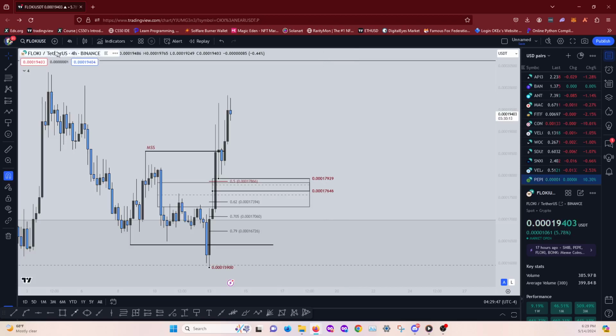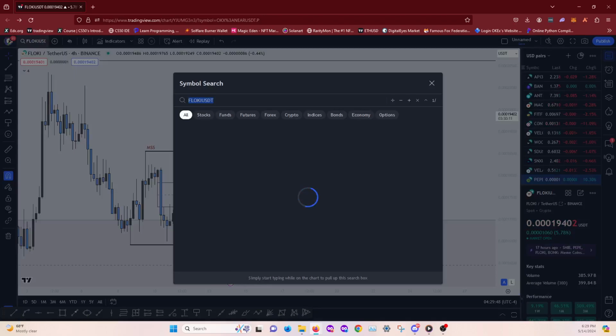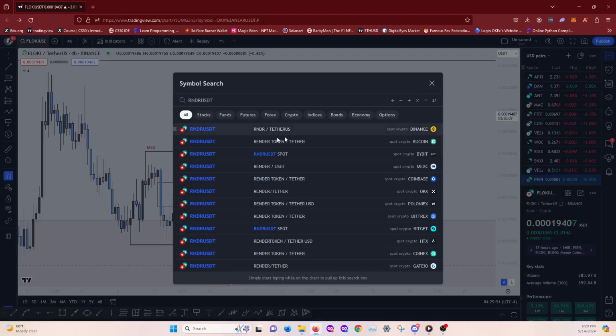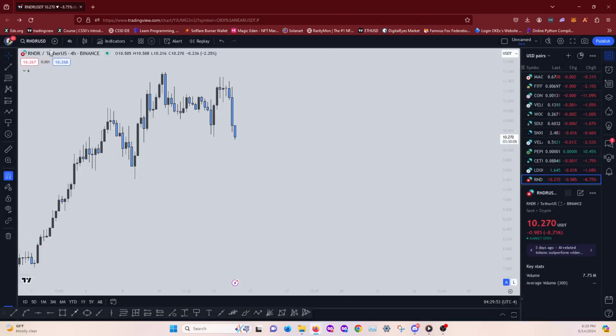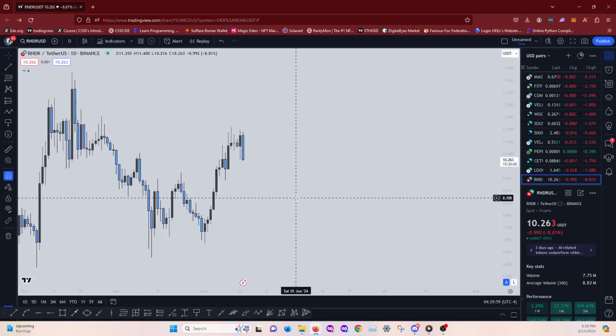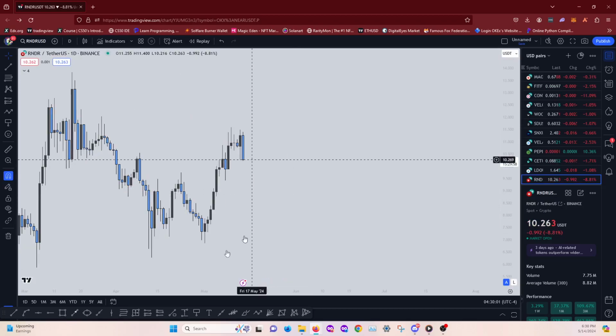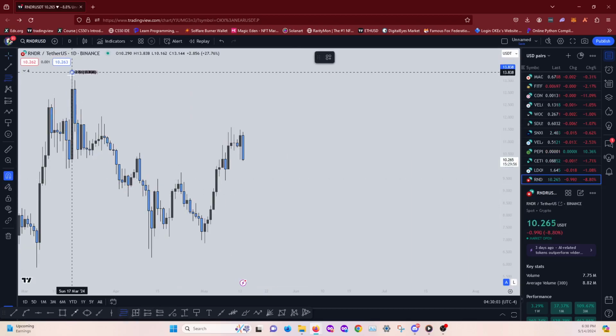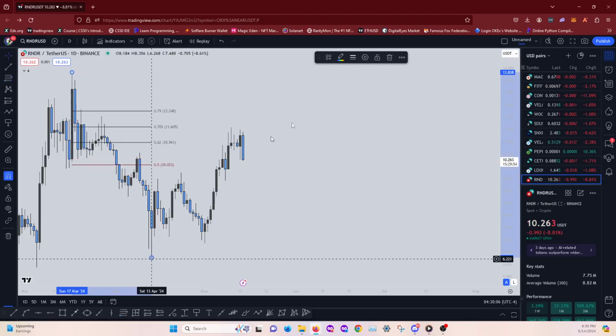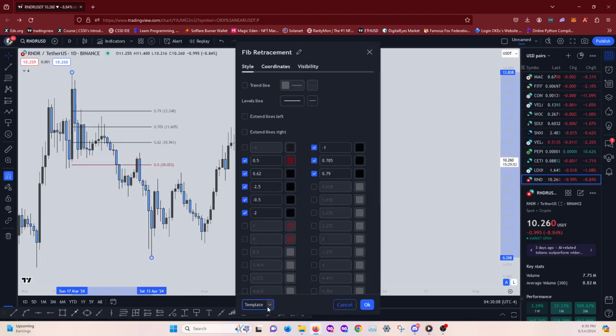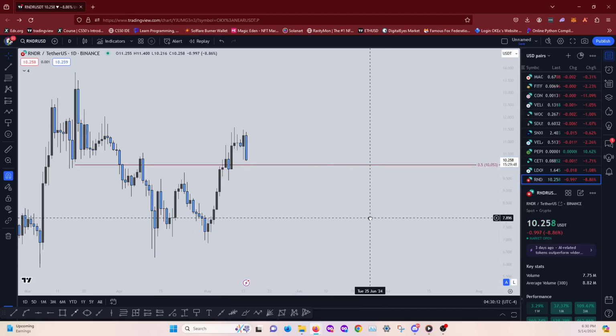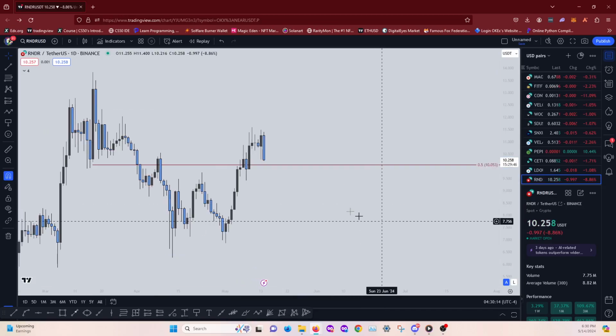Yeah, Render, sweet. All right, we'll have a look at RNDR. I don't mind trading this coin. It's usually quite structurally fun to trade. So if we want to find an external equilibrium, range equilibrium, obviously we're trading at premium.